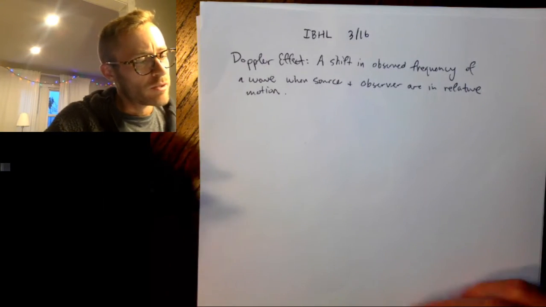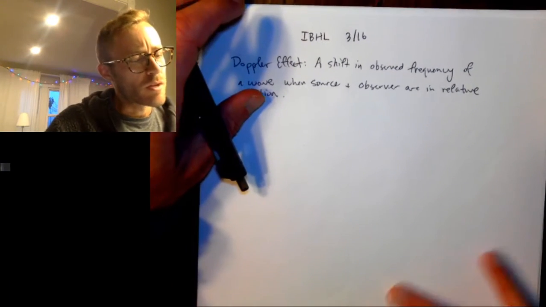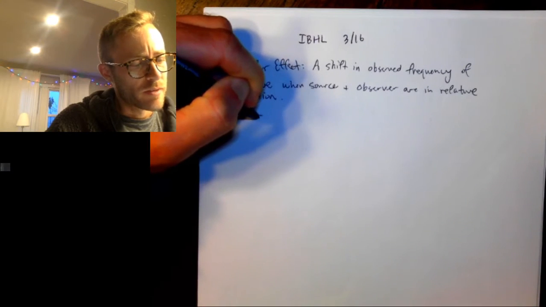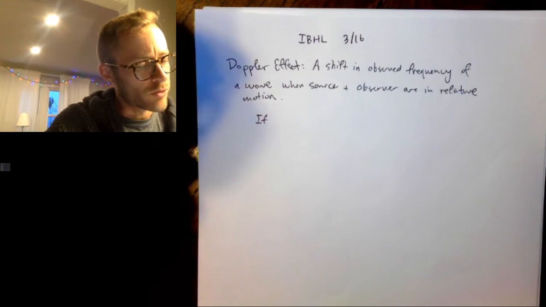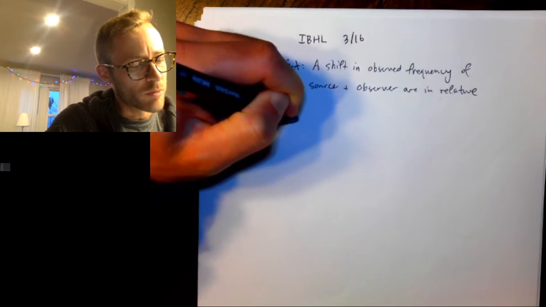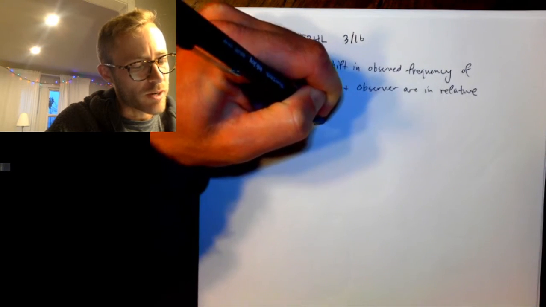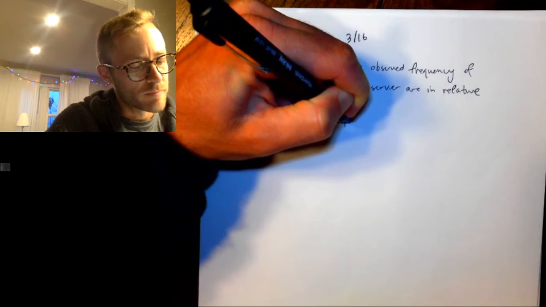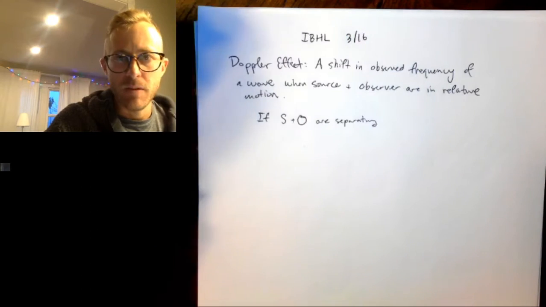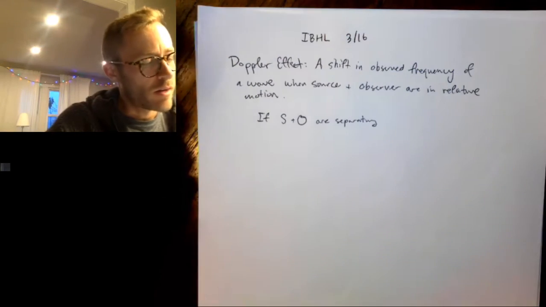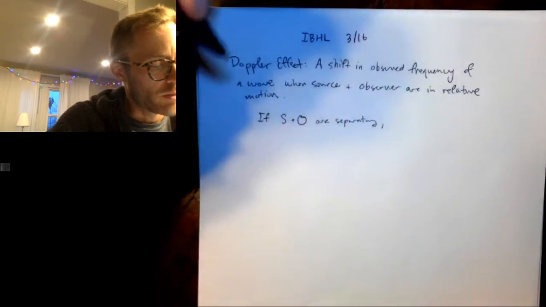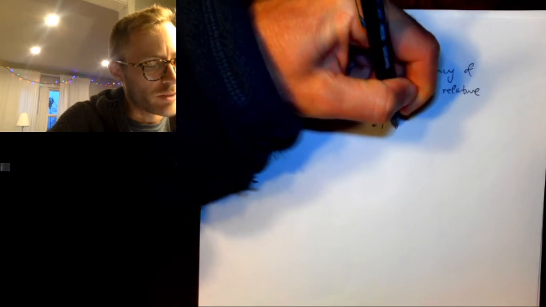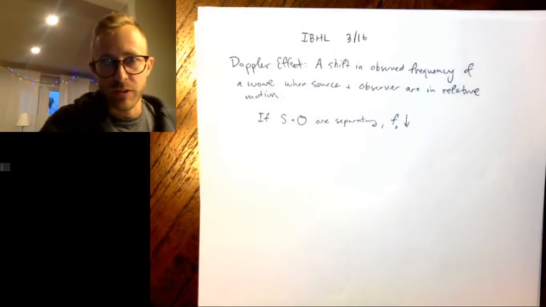So, if the source of the wave and the observer of the wave are separating, the observed frequency is going to be lower than the actual emitted frequency.